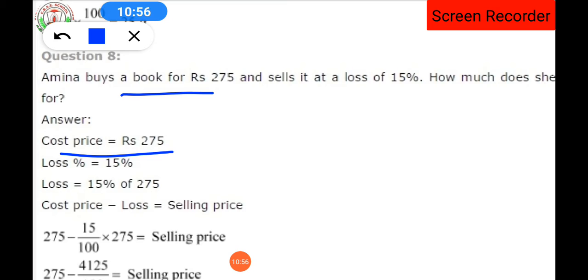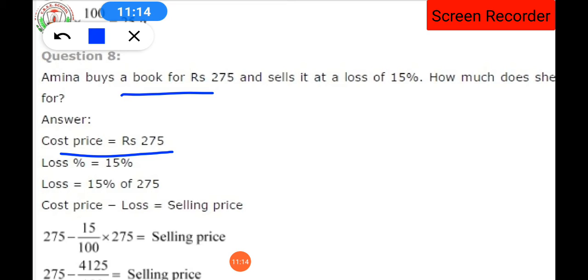Now here you can see that the cost price is given as 275 rupees where the loss percent is given as 15%. So how much does she sell it for? What is the question here?